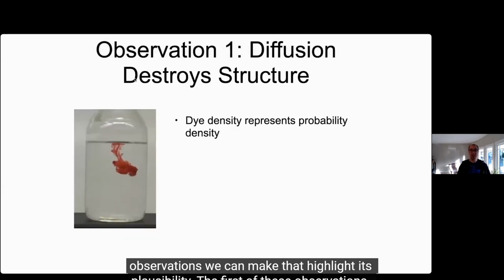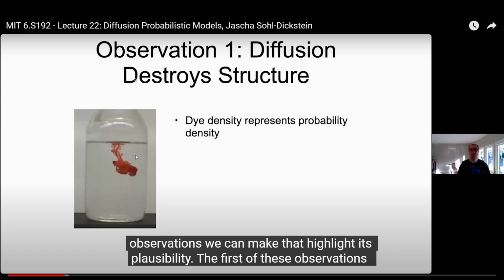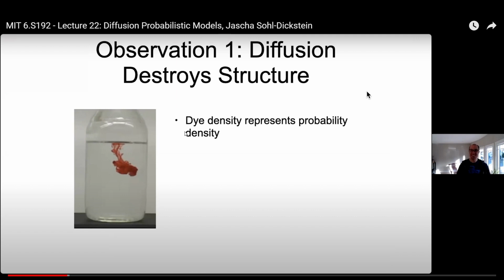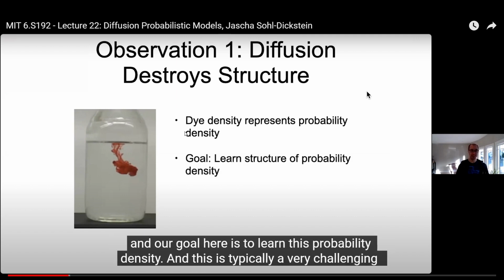He started with dyes, which represent the data density, and we want to learn the structure of this density. We have water and this dye, and we want to learn the data distribution of it, which can be images or other modalities.